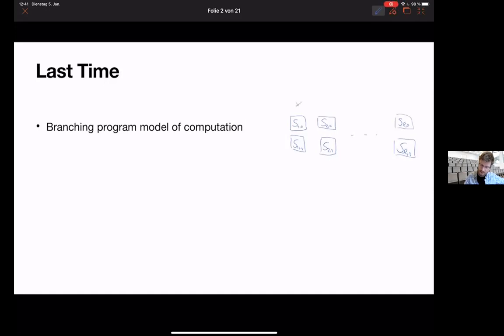Each of these columns of this branching program is associated with an index x_i. Here we have x_i1, x_i2, and so forth. If x_i1 is equal to 0, we take this matrix here, and if x_i2 equals 1, we take that one here.